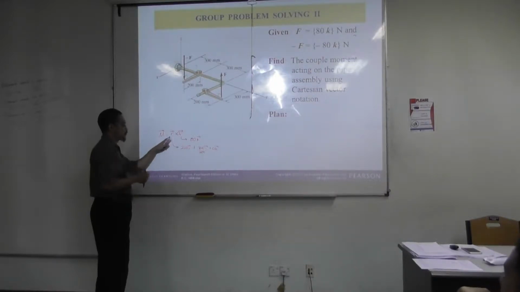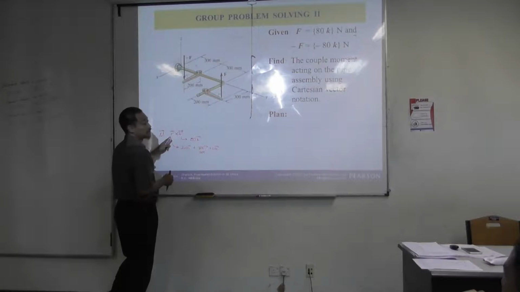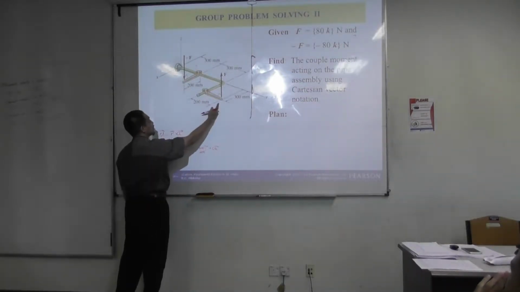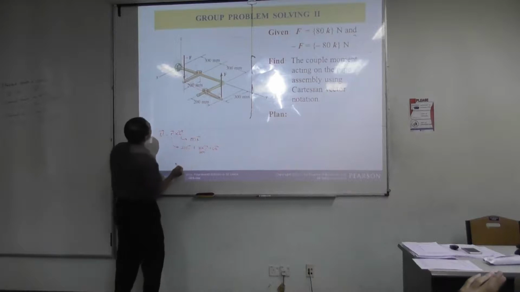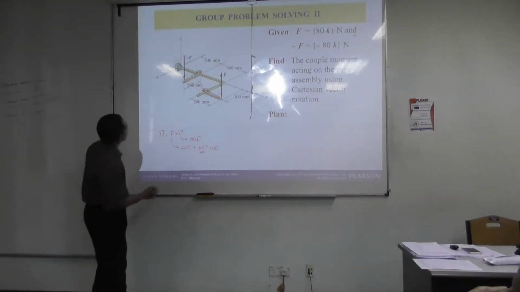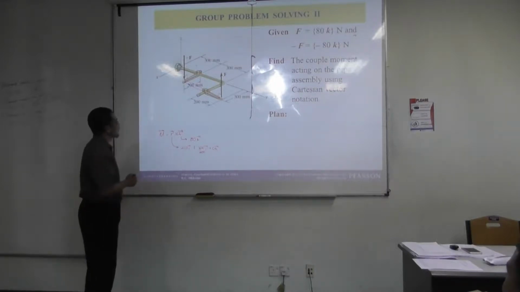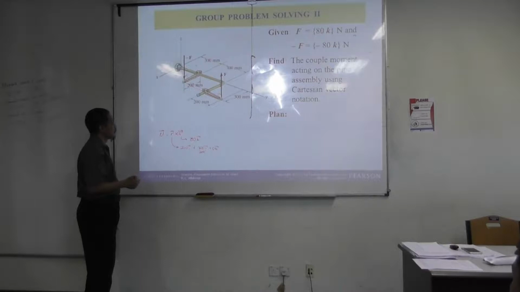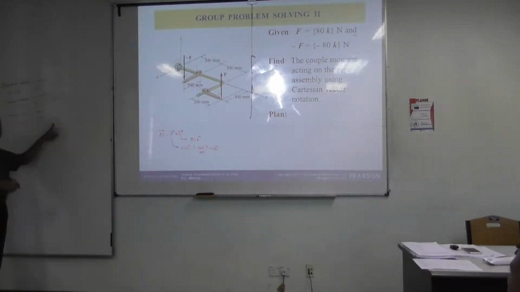The R should be from where to where? From this one to this one? No, like this, the green part. The concept is, R is from where to where? The green couple.